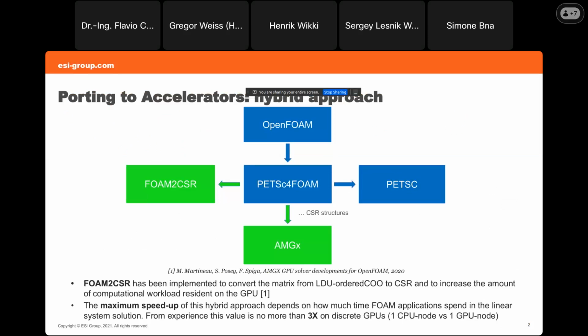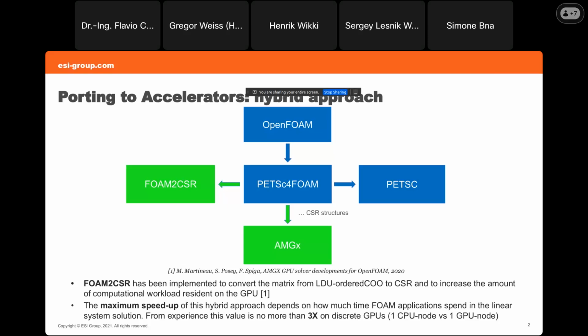So let's start with the current approach implemented in the OpenFOAM OpenCFD version. Up to now, the only porting to GPU available as a submodule in the repository of OpenFOAM OpenCFD is a hybrid approach, where only the linear algebra part of the OpenFOAM workflow is offloaded to GPUs.